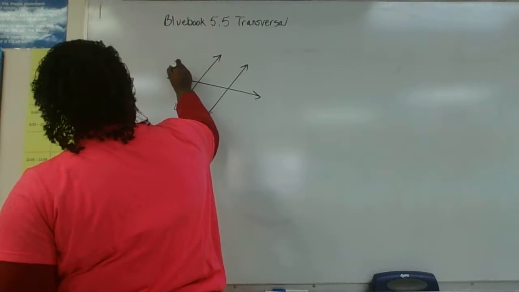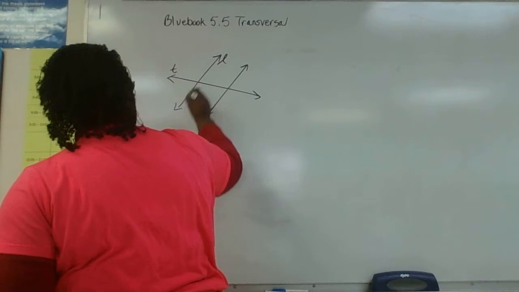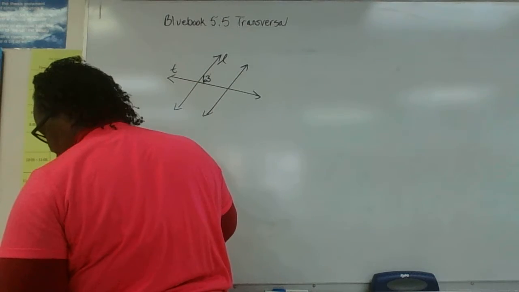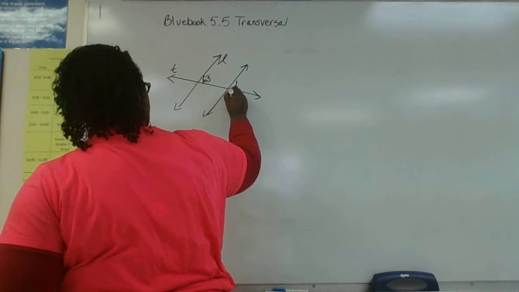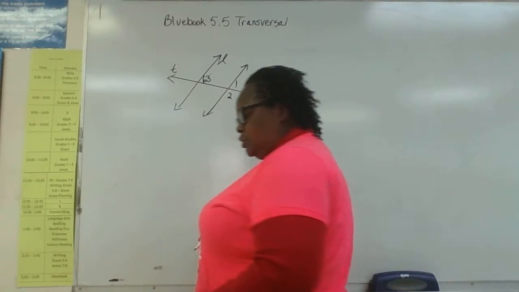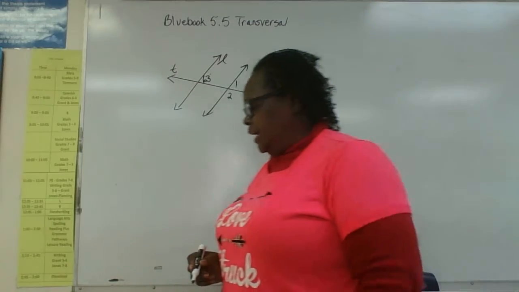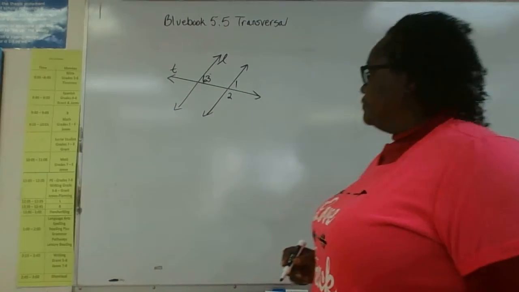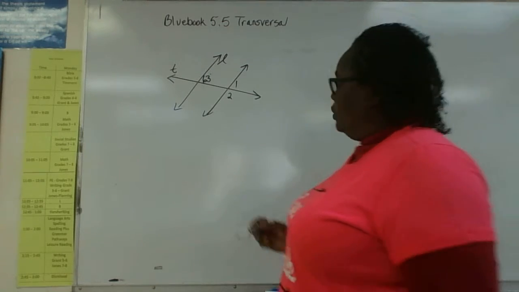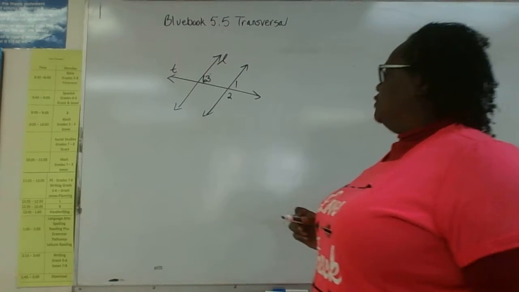This is T, this is L, this is 63, this is 1, this is 2. The question is, use a figure to find the measure of the angle and explain your reasoning. Now we need to find 1 and we need to find 2.